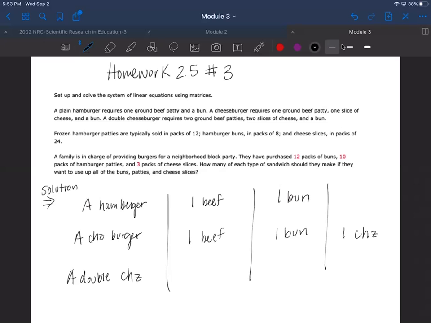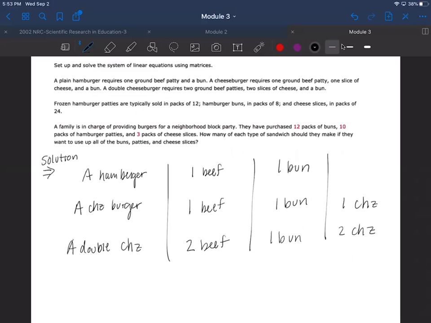For a double cheeseburger, you need 2 beef patties, 1 bun, and 2 slices of cheese. So that's just from the first paragraph.